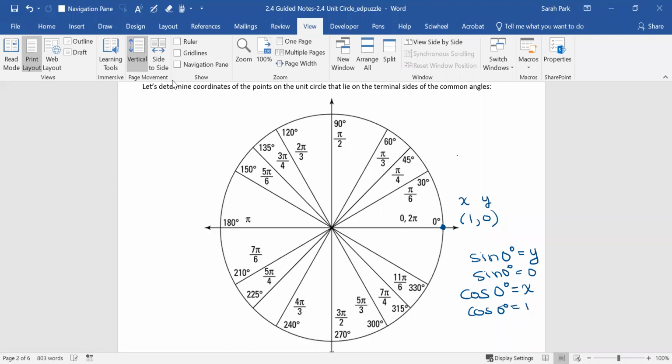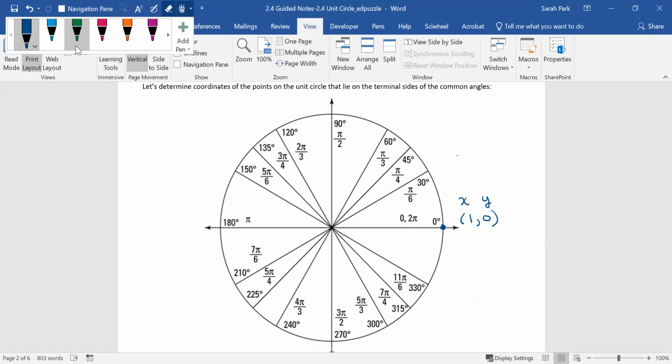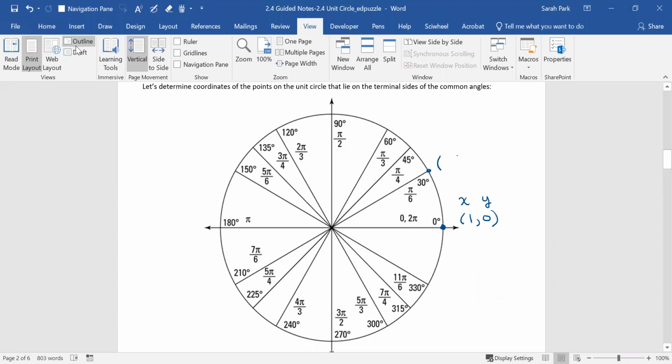So we're going to complete the unit circle for all of these points. Let me just erase this so we can make some space. So now let's look at pi over 6 or 30 degrees and put a point there. The x value at 30 degrees is root 3 over 2, and the y value is 1/2.